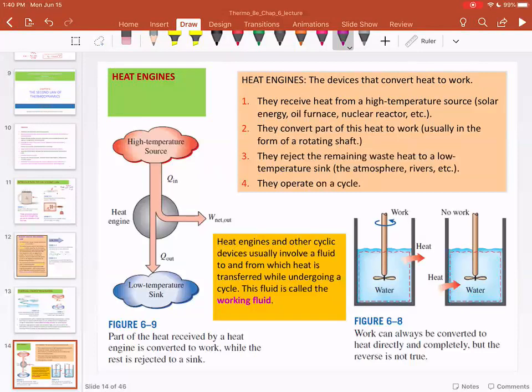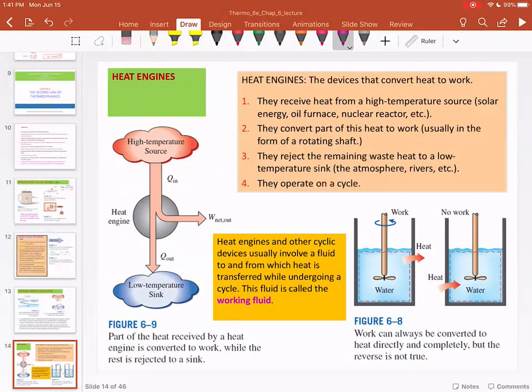The fuel gets burned, and as the fuel is burned, the temperature increases, the heat is converted to work, and some part of heat is rejected to the surrounding.